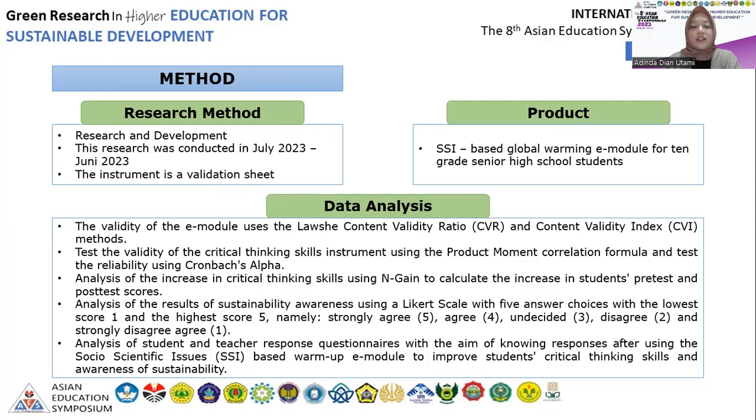The increase in critical thinking skill is analyzed using N-Gain, calculating the increase in student pretest and post-test scores. Sustainability awareness is analyzed using a Likert scale with 5 answer choices, with the lowest score 1 and the highest score 5. Student and teacher response questionnaires aim to know responses after using the socio-scientific issue-based global warming module to improve student critical thinking skill and sustainability awareness.